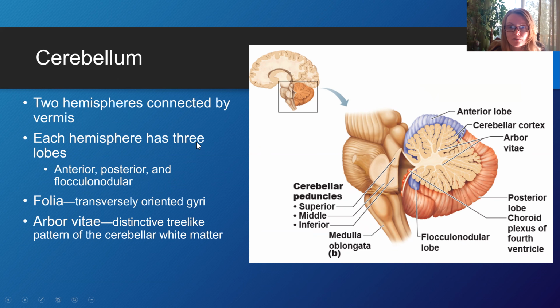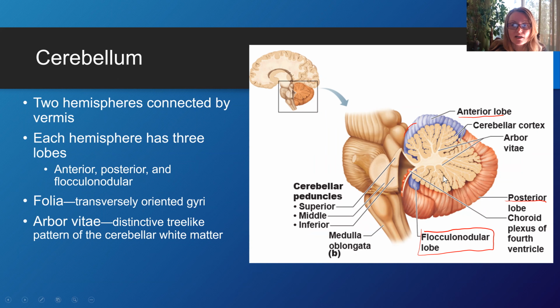We cannot see the vermis over here, but imagine if this is one hemisphere, there will be a structure in between, the vermis, and then another hemisphere. And each hemisphere has three lobes. We have the anterior lobe over here, like purple, then we have the posterior lobe, and we have the flocculonodular lobe right there.